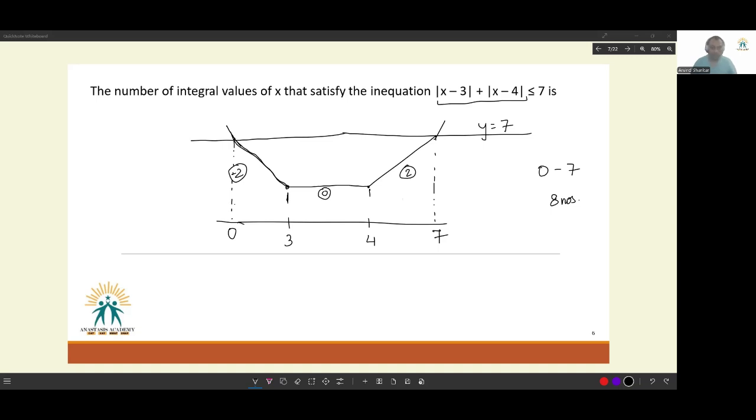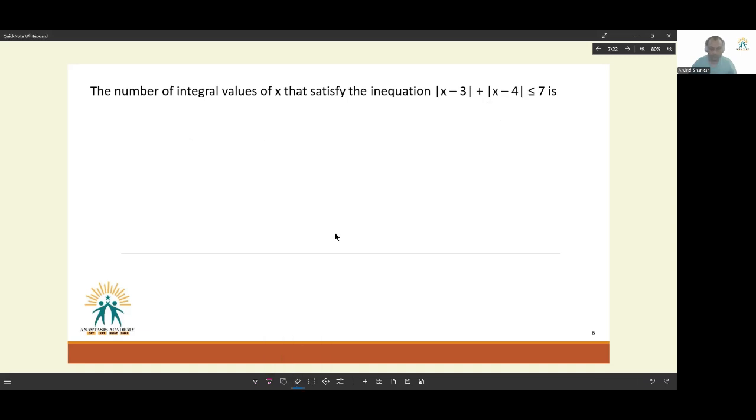You can solve it graphically. The other way to solve it, of course, is to break it down into 4 cases. When x minus 3 is greater than or equal to 0 and x minus 4 is also greater than or equal to 0, what would happen?